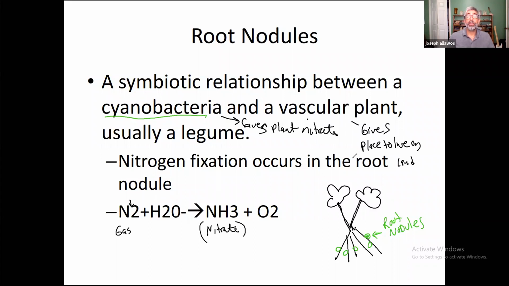Because normally these cyanobacteria live in water. They would dry out very quickly on land. All of a sudden, now the cyanobacteria has a way to colonize land. That's a big deal. That's a good thing. In addition to that, it gives the cyanobacteria, which normally would be photosynthetic and could make its own sugar, but now it's in the ground, it gives it sugar.